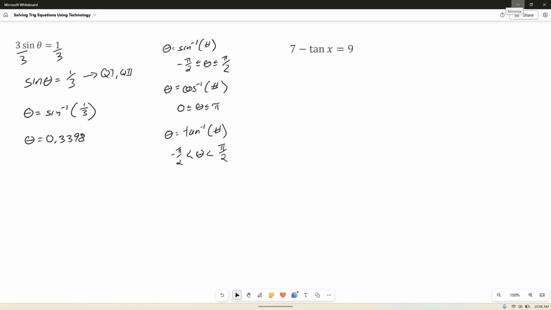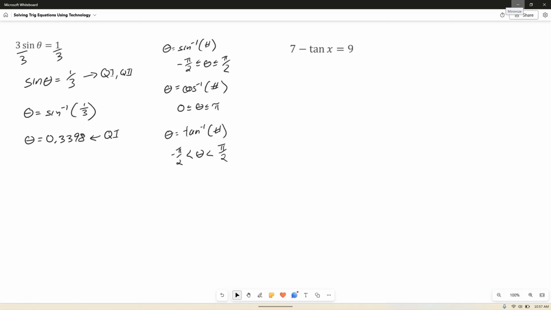Okay, so where is that 0.3398 angle? Well, inverse sine produces an angle between -π/2 and +π/2, which means it's in the first quadrant. So this 0.3398 angle is the angle in the first quadrant.